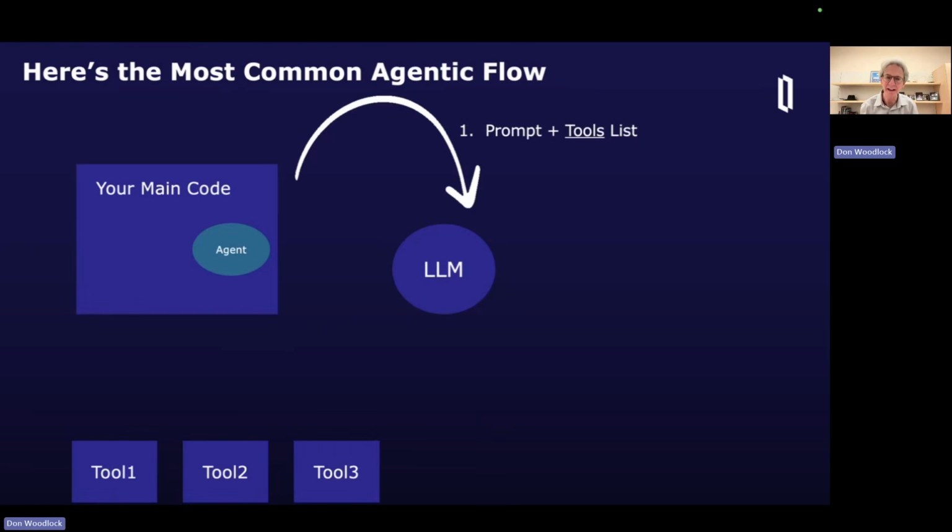In contrast, the agentic workflow works differently. So in your case, you have your code, and you're calling the LLM, but you're not providing all the context in advance. You're providing the prompt, and you're providing a list of tools. So you might say, hey, the clinician wants to know, has this patient been in here before? And your list of tools is: list the sections of the patient chart, list the documents that are in the chart, and fetch a document by ID.